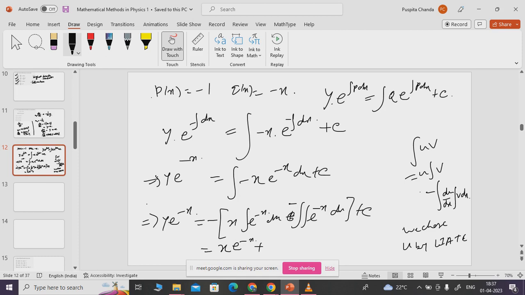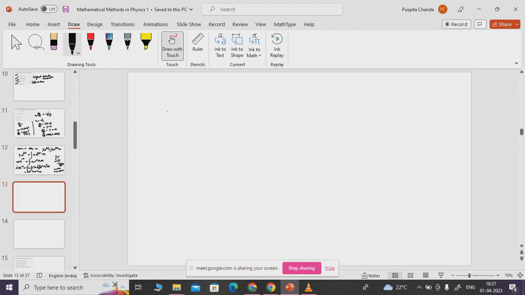This term will become x e to the power minus x plus one integration, it will be plus, another integration it will be minus, minus minus plus e to the power minus x plus c.